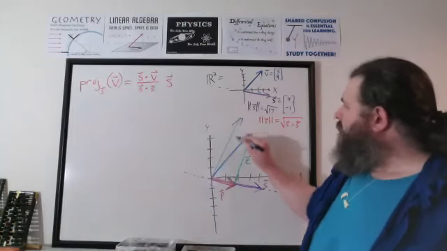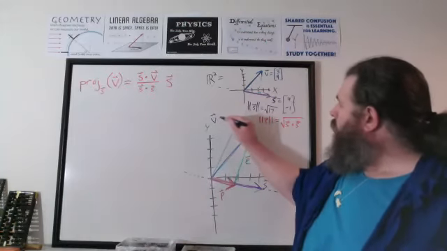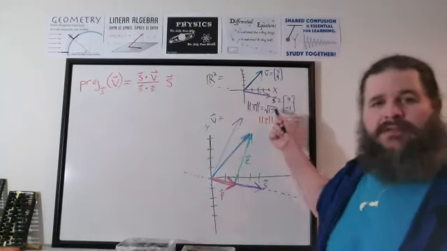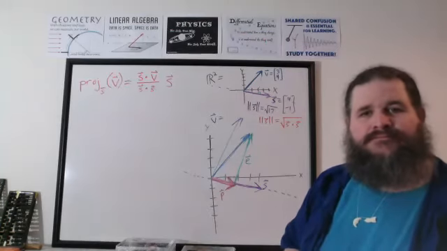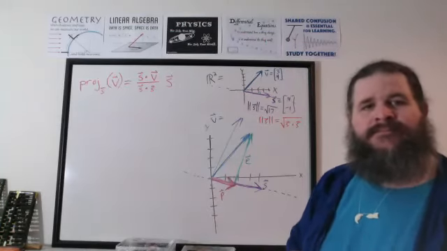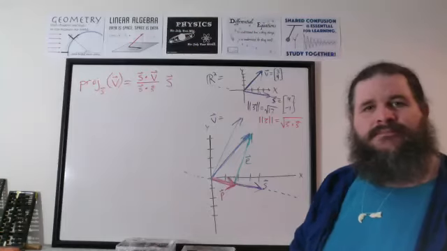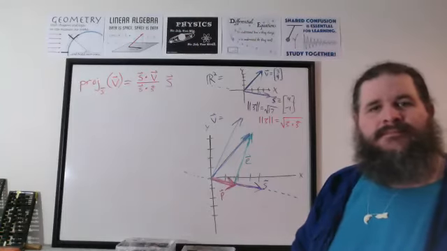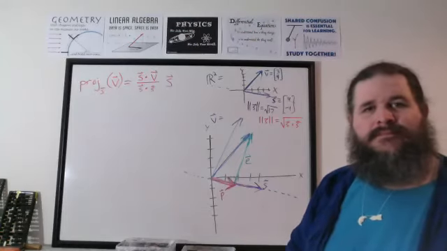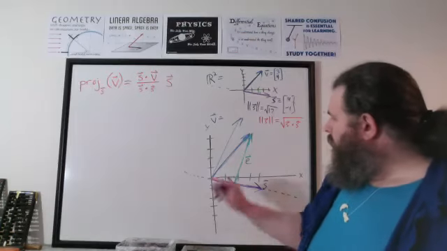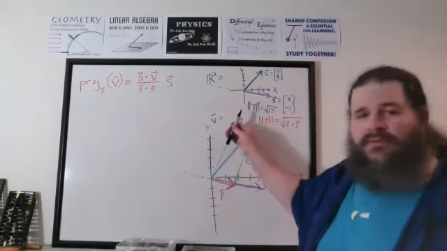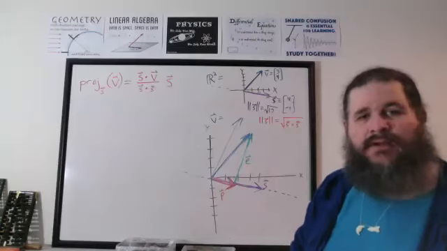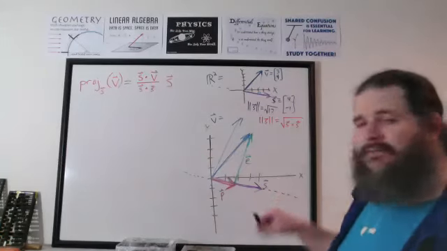Like, let's say we had vector v was, what would be a vector perpendicular to 4, -1? -1, 4. -1, 4 would be this way. What we want is a vector this way. So what would that have to be, if we want it to be perpendicular to 4, -1?